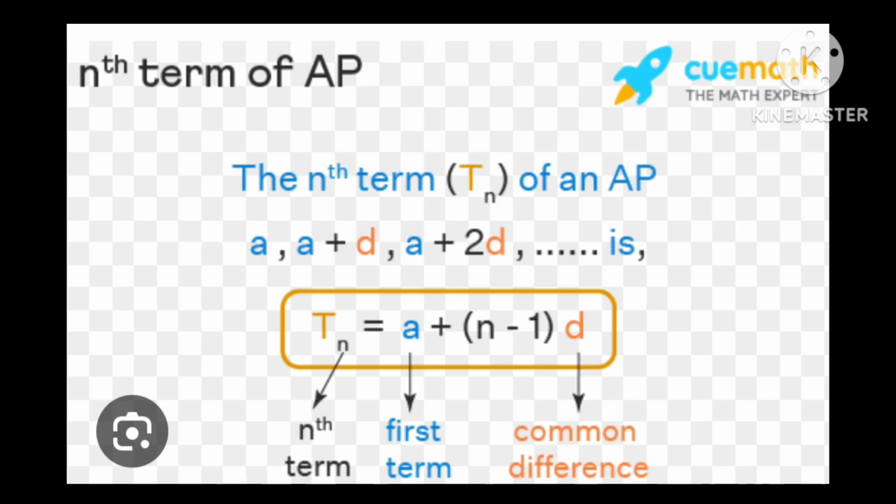The nth term Tn of an AP A, A plus D, A plus 2D and so on is Tn is equal to A plus n minus 1 into D. Here A is the first term and D is the common difference. By using this formula, we can calculate the nth term of an AP.